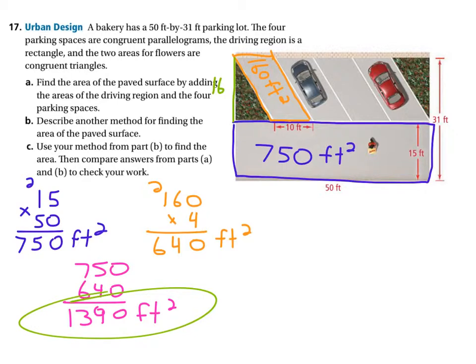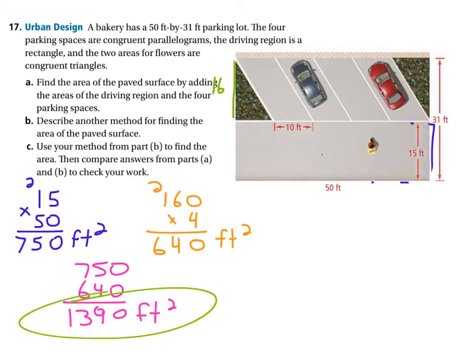Now, that was A. Now it says describe another method for finding the area of the paved surfaces. So what I'm going to do is erase the marks that I've already got here. We've got those numbers down on the bottom. But the one mark that I'm not going to erase is that green height of 16. I'll get to why I'm not doing that in a second.